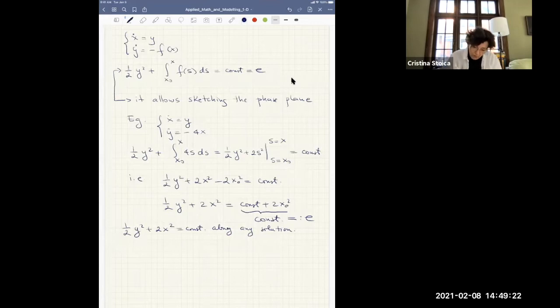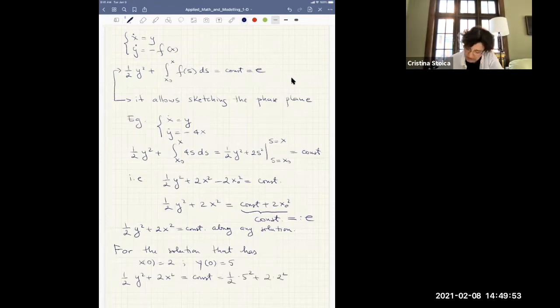Let's say, for the solution that has x at 0 equal to 2 and y at 0 equal to 5, what will this constant be? It will be 1 over 2 times 5 squared plus 2 times 2 squared. So in this case, it will be 25 over 2 plus 8. You see what I mean? In this respect it is a constant.